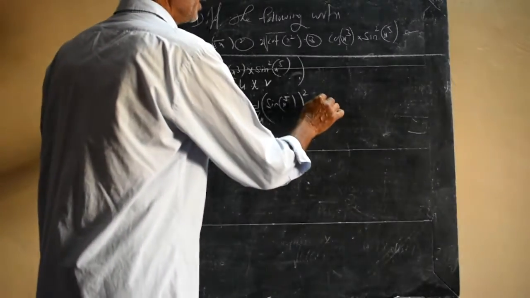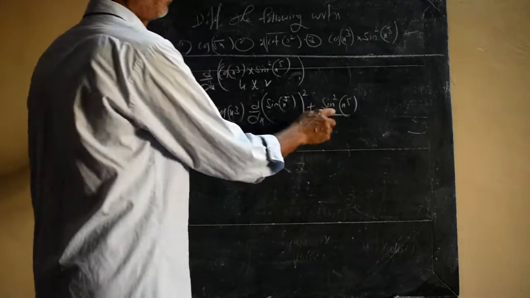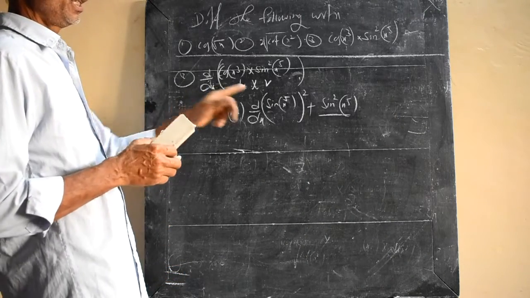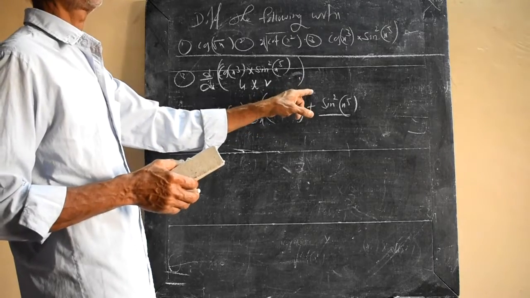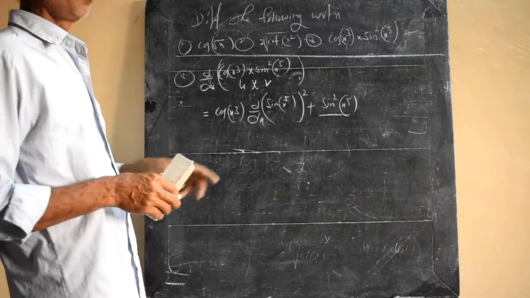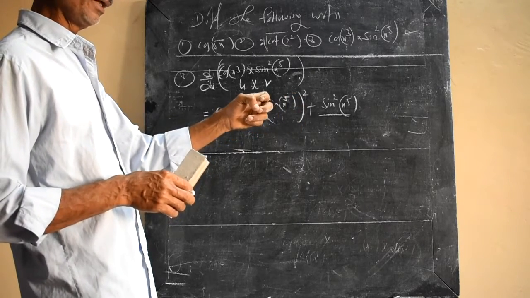Plus v, sin square x raised to 5, is not necessary because I am not differentiating this term. Therefore I am writing sin square x raised to 5 as it is. Here I have written sin square x raised to 5 as sin x raised to 5 the whole square, because then the idea will be clear.